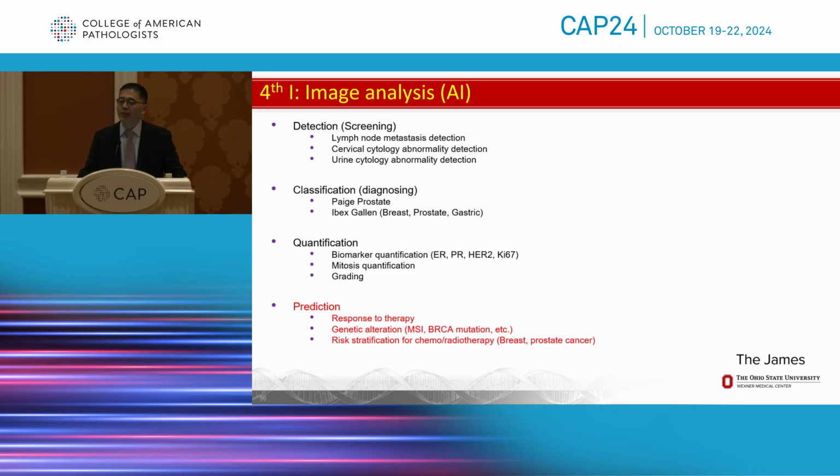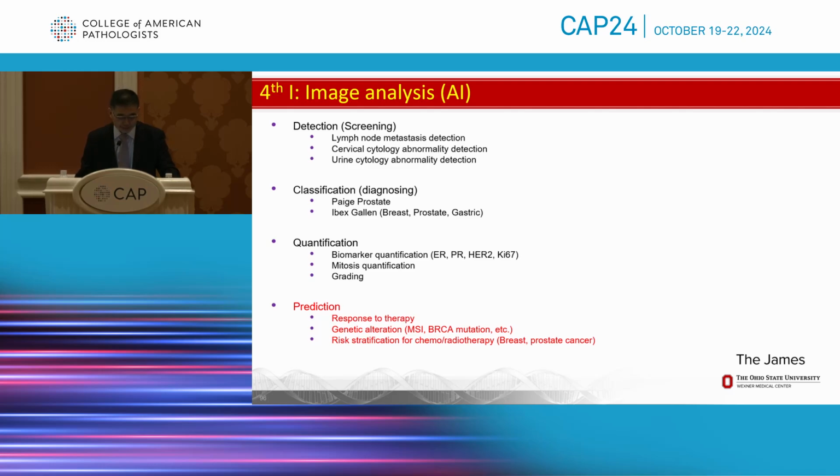In this category, you can use AI tools to predict response to therapy, including chemotherapy, radiation therapy, or immunotherapy, or predict genetic alterations such as MSI, BRCA mutation, and some other genetic mutations, even HER2 amplification as well. There are algorithms out there, although most of them are still in the research phase, not really in clinical practice yet.